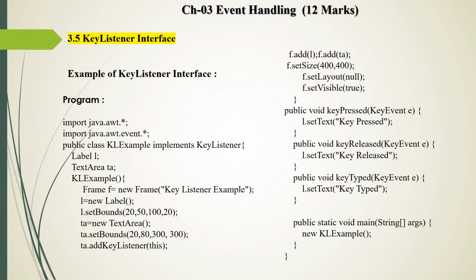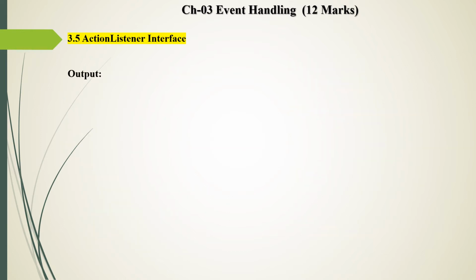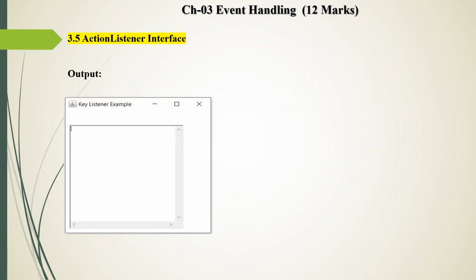The output of the program is displayed like this. First, the two components are displayed. The title of the frame is Key Listener Example, and one text area is displayed and one label is displayed. Initially the label is blank.